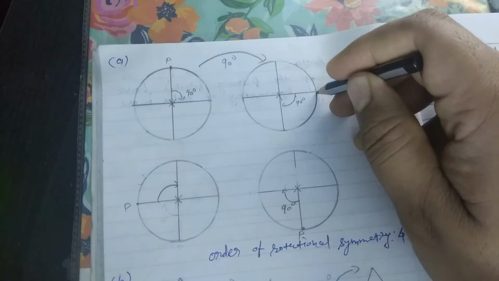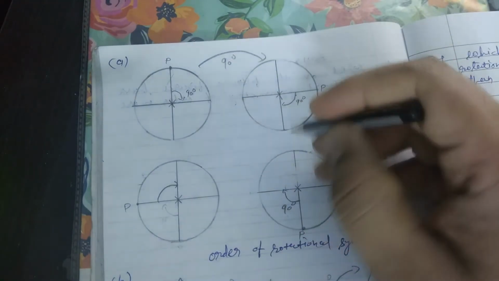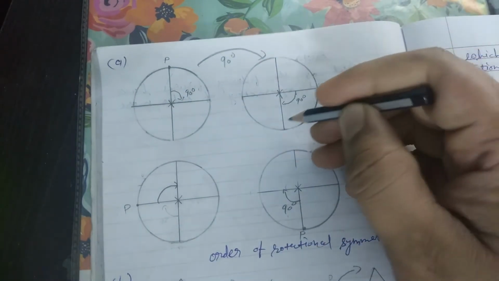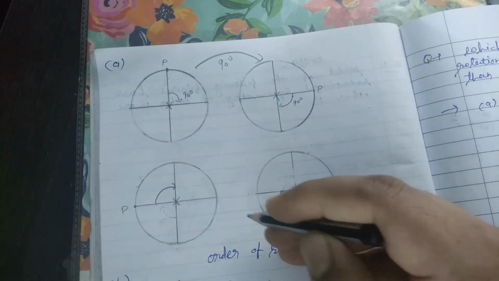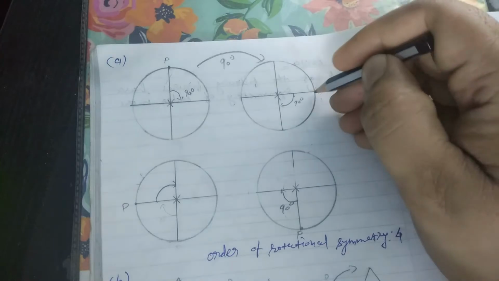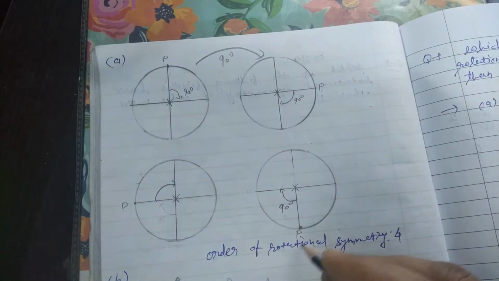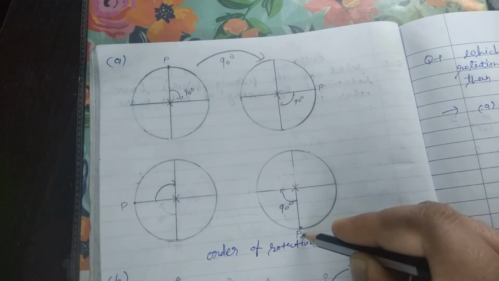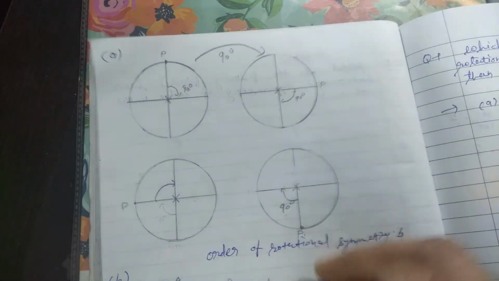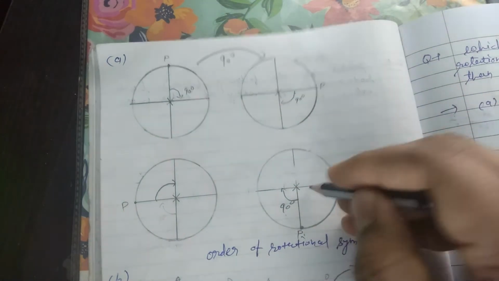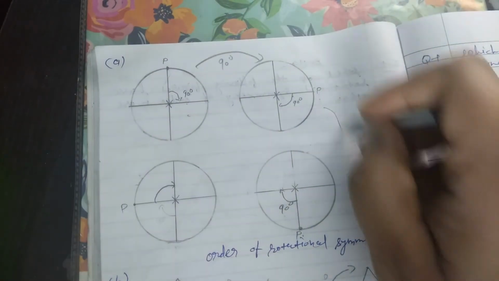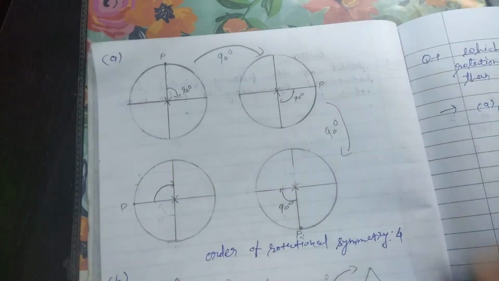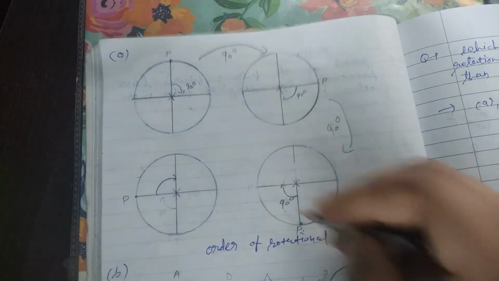Now from here we will rotate the figure by 90 degrees. Once you get the angle of rotation, that same angle we have to use. Here again with 90 degree rotation we get the point P here, and therefore here also we are getting the same figure as original. So this is our second rotational symmetry.